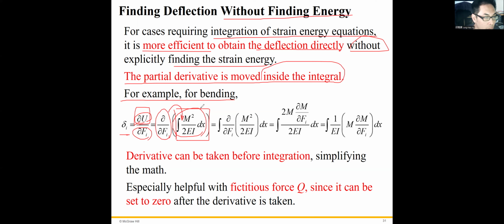So we move it inside the integral, we get the third term like this. So the derivative with respect to F is moved inside the integral, right? Okay, so we can rewrite this third term to the fourth term like this.